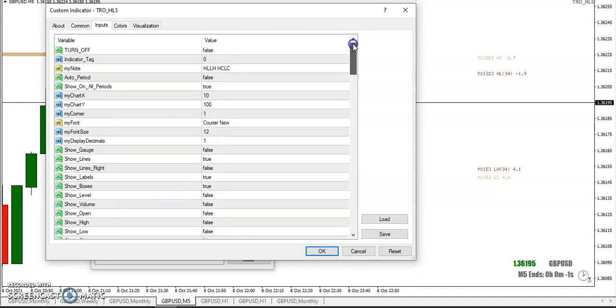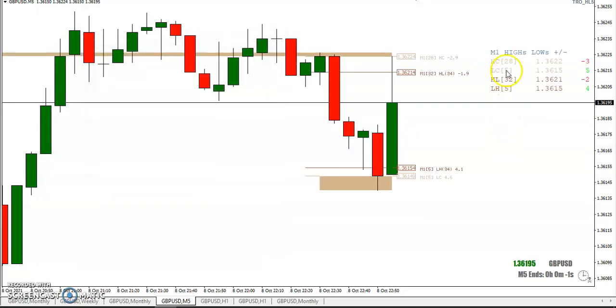Oh, one thing that you may not know, it does have a gauge, if I remember correctly. Let's see. Show gauge. Most of the time I don't have the gauge on, but basically it'll just tell you the values for these levels and how far above and below price is from those levels.